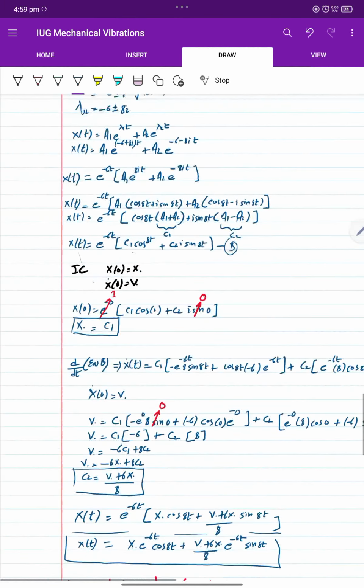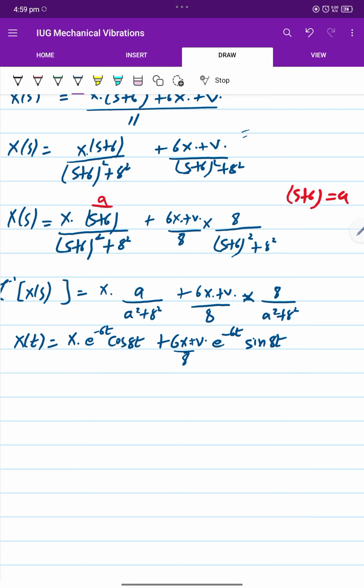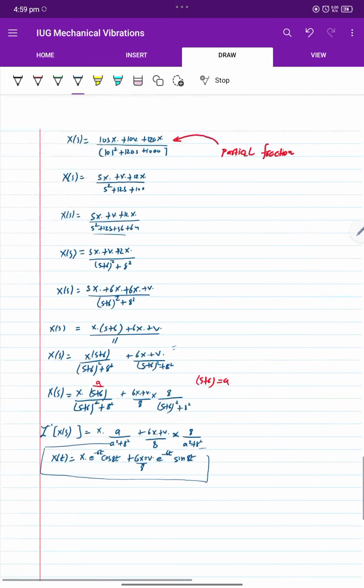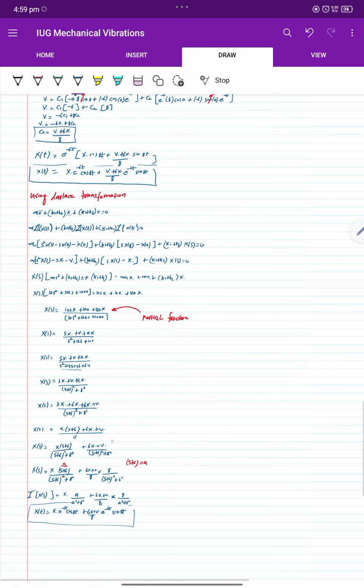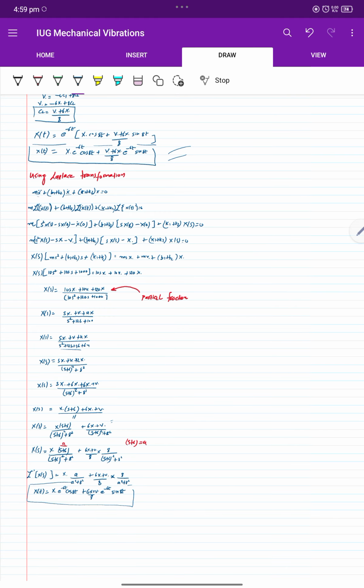So this is what we have at the end, x naught e exponent minus 6t cos 8t, plus 6x naught plus v naught divided by 8 into e exponent minus 6t into sine 8t, and we have the same solution as the time domain function.